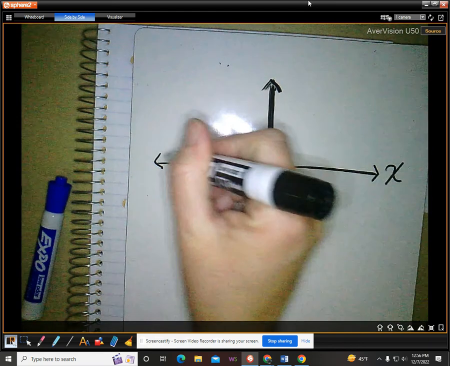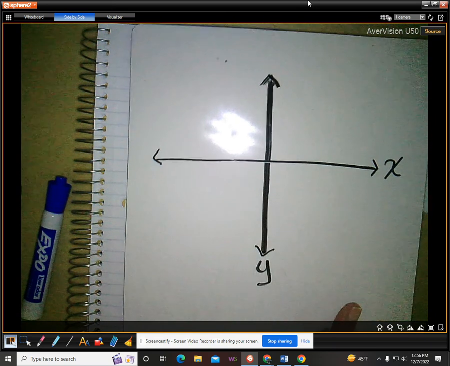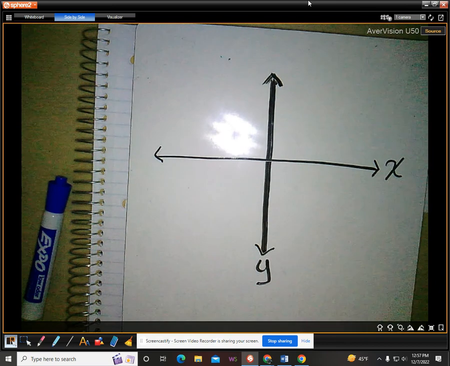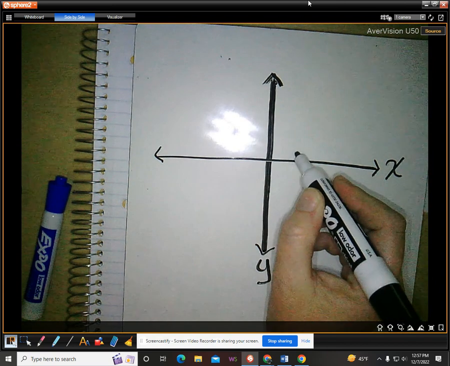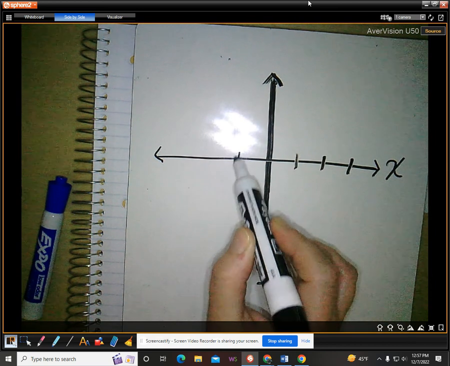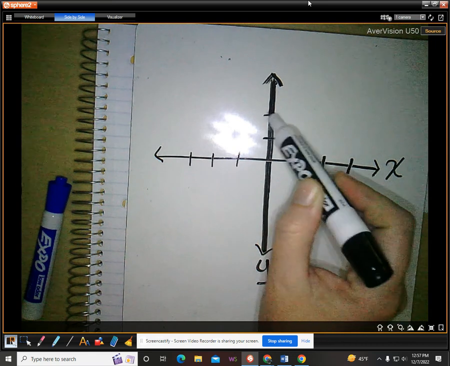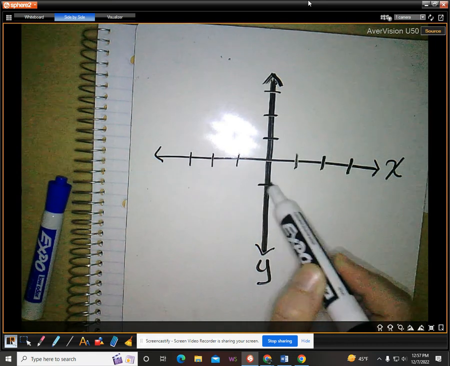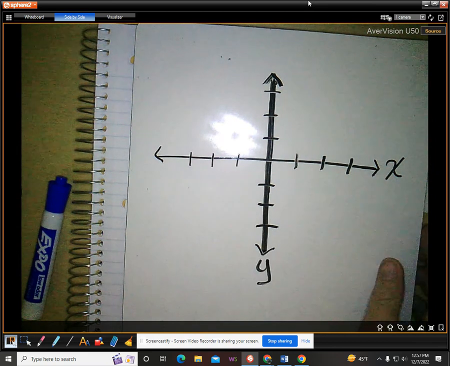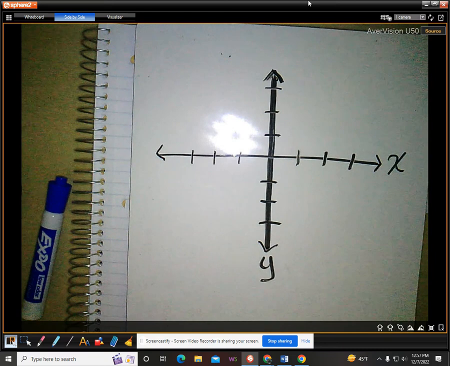X-axis always goes horizontal. Y-axis always goes vertical. So where those 2 lines intersect is 0. A coordinate plane is always going to have what I call tick marks on it. So you can view the x-axis as a number line, the y-axis as a number line, okay?